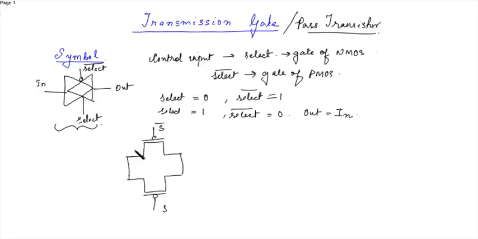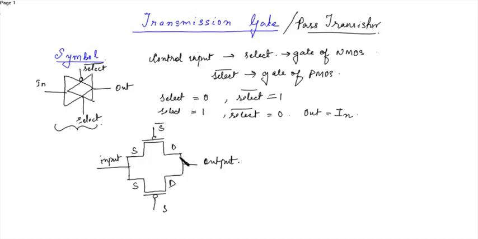Let's say this is the source, this is the drain, this is again the source and drain. The sources of PMOS and NMOS are shorted and input is applied here. The drains of the PMOS and NMOS are shorted and the output is obtained over here.